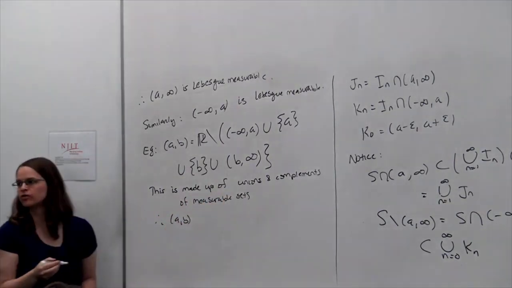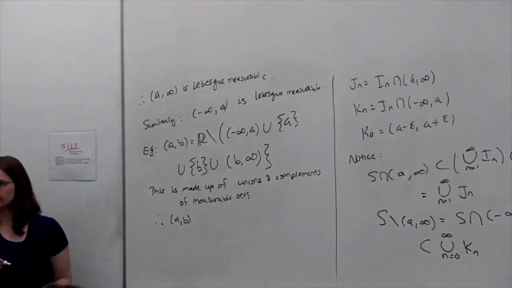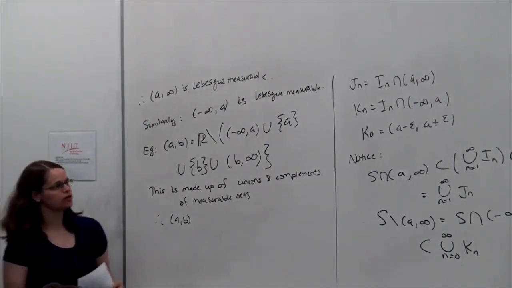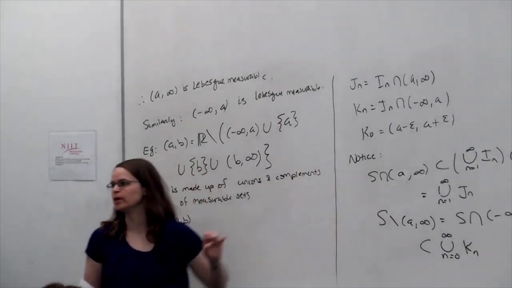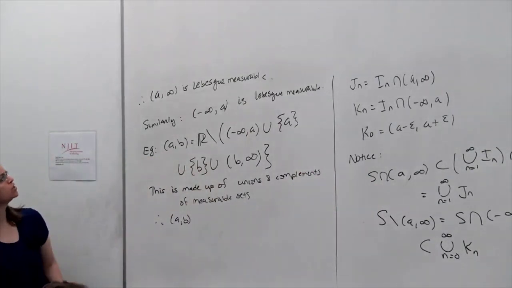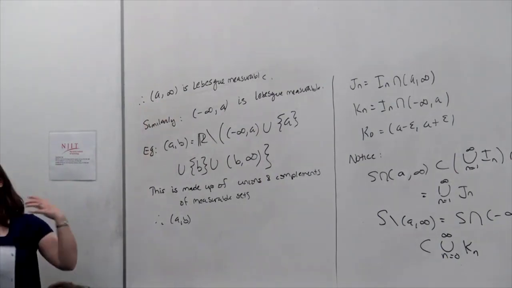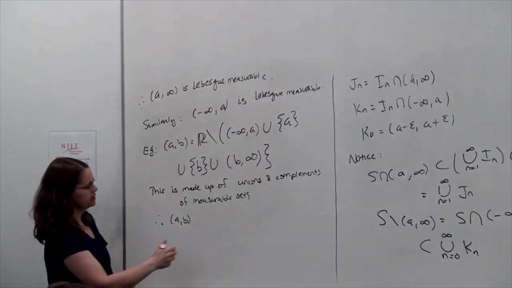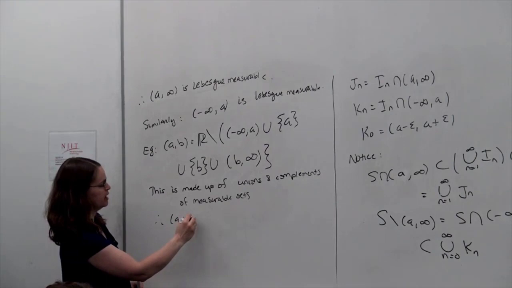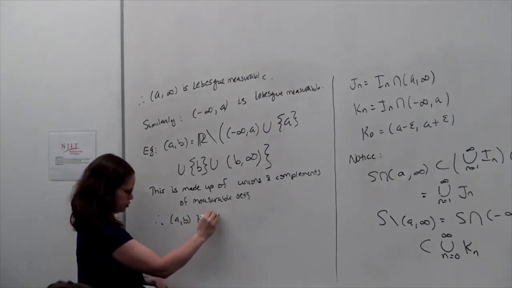Okay, so we don't have to go through all of the gymnastics, right? We had to do the gymnastics once to give us a building block. So we did the work to get this as our building block. And then once we have that, we can start coming up with all kinds of combinations. Similarly, (a,b) is measurable.